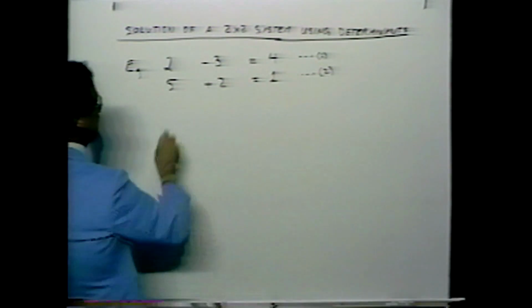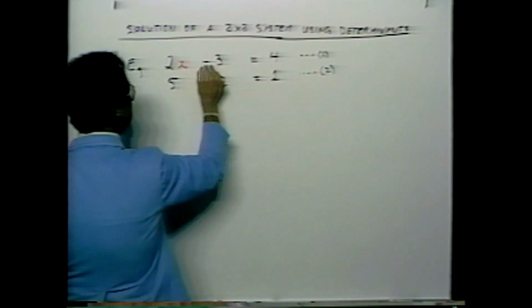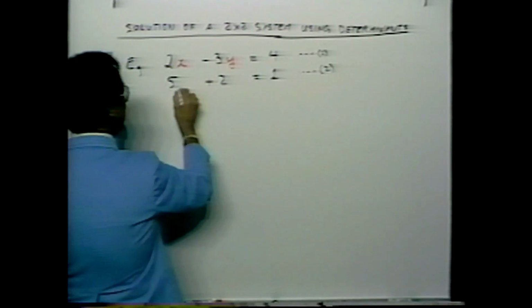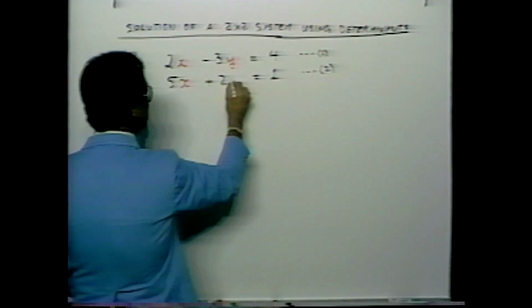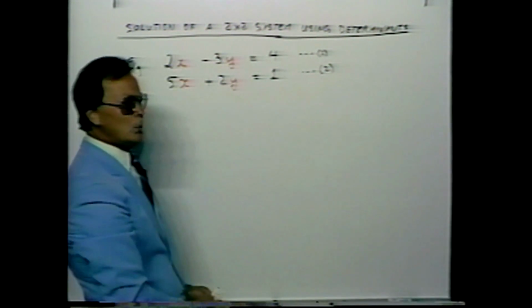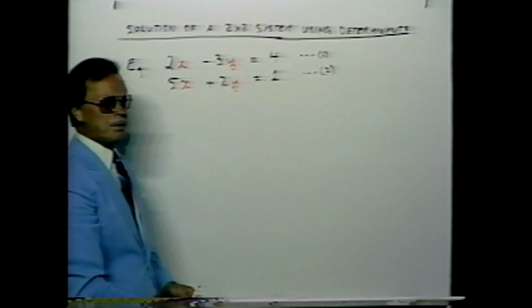So now this is, of course, 2x minus 3y, and this is 5x plus 2y. We want to do the following.